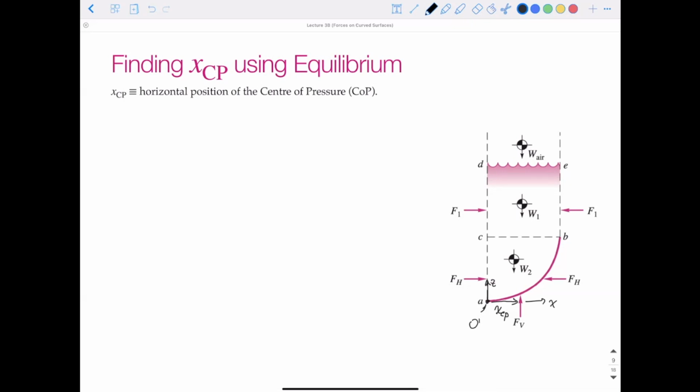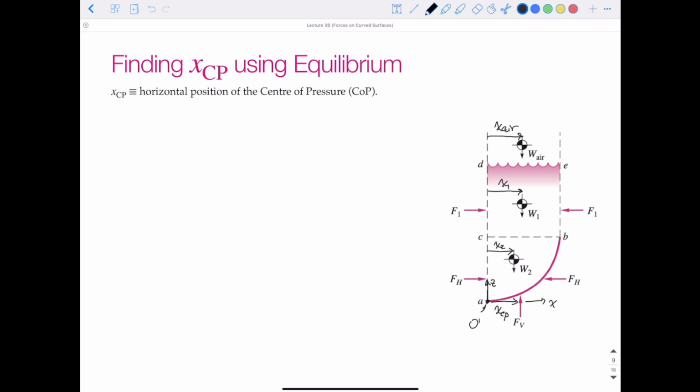So we need to figure out what is the distance XCP that's going to balance out the moments from all of these other forces. So this is going to be the distance x2, this is the distance x1 for that moment arm, and then we have x air.